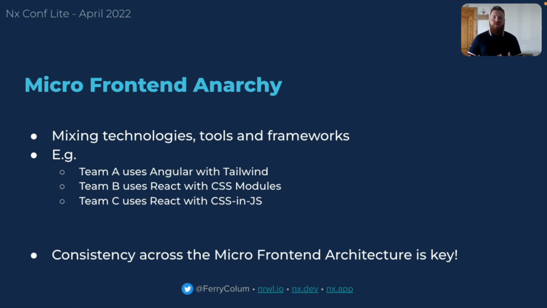This massively slows down the iterative process of your development. Consistency across the Micro Frontend architecture is key to ensuring that your Micro Frontends work well for the user and scale efficiently across your organization.